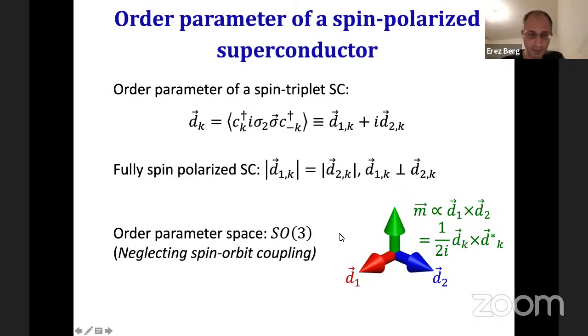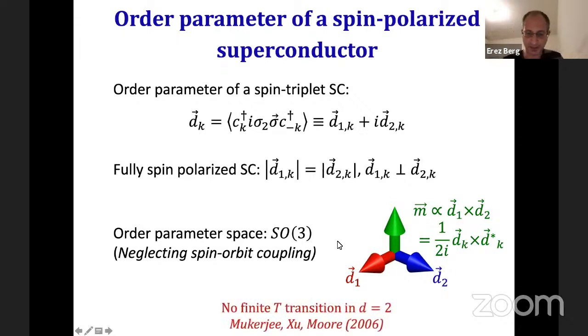The interesting thing to note is that if you neglect spin-orbit coupling, which is presumably extremely small in these systems, the order parameter space is SO3. So to specify completely the configuration of the order parameter, you have to specify this frame, which means you have to specify basically an orthogonal matrix in SO3.